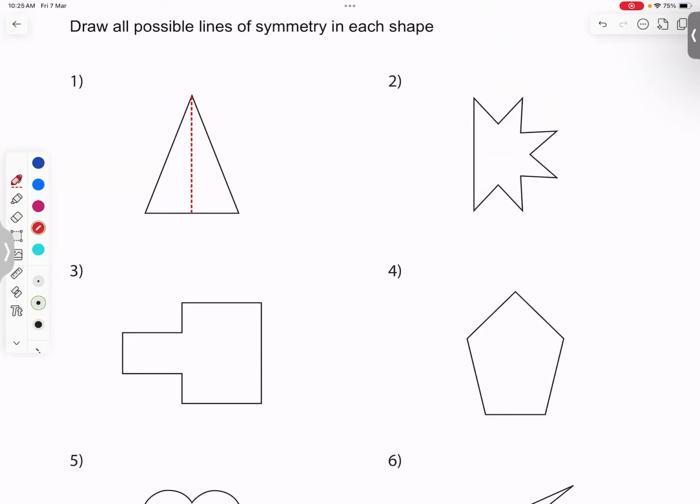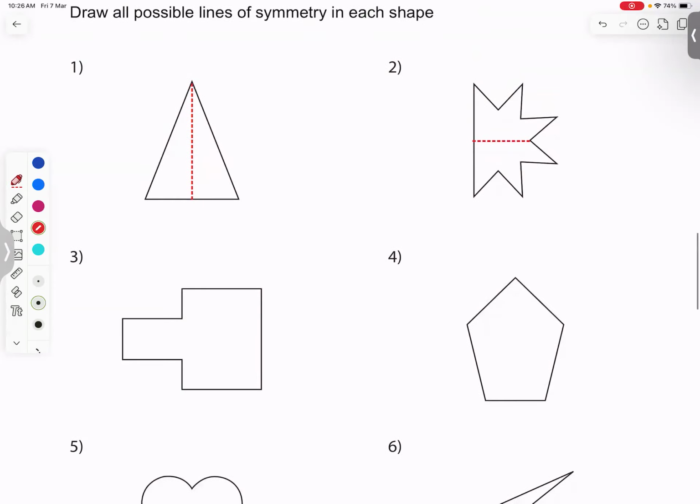You can draw a dotted line. This line of symmetry represents that it converts the shape into two equal parts. Now for the next diagram, look at it and try to divide it into two equal parts. I think at this place it can be converted into two equal parts.